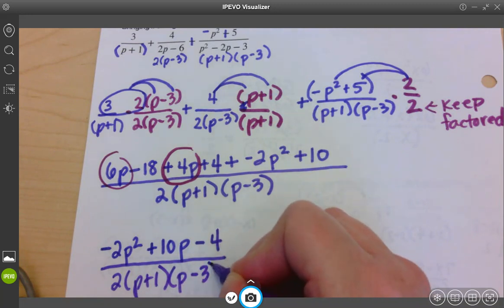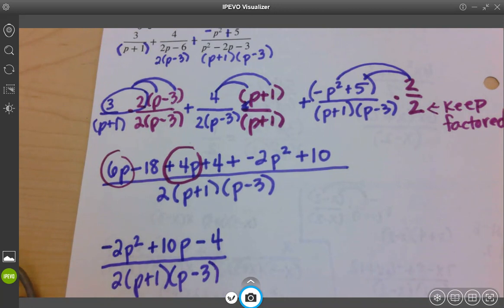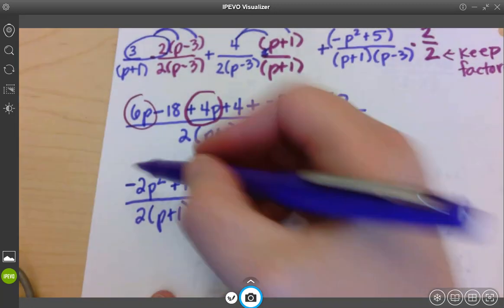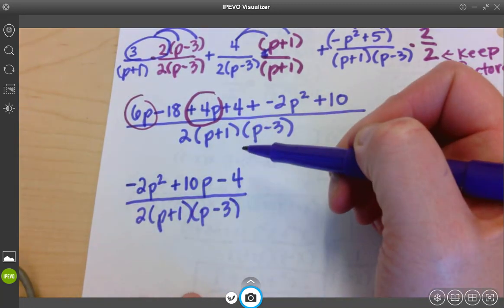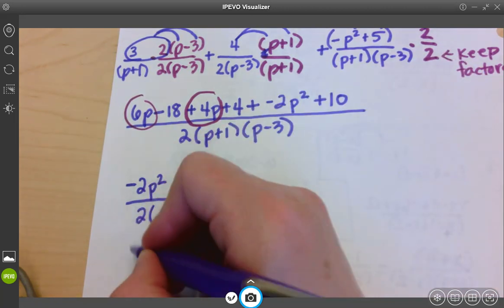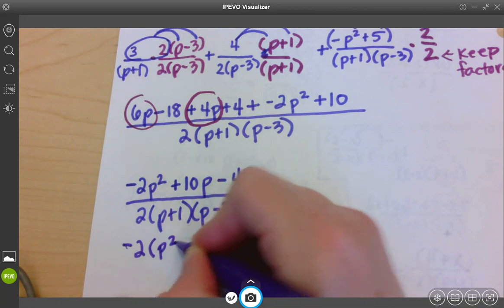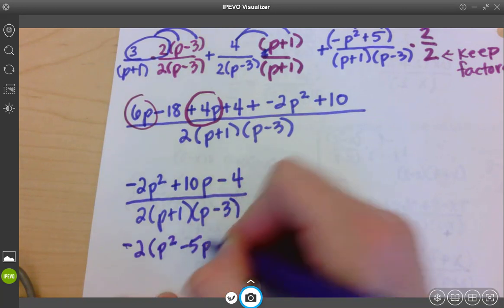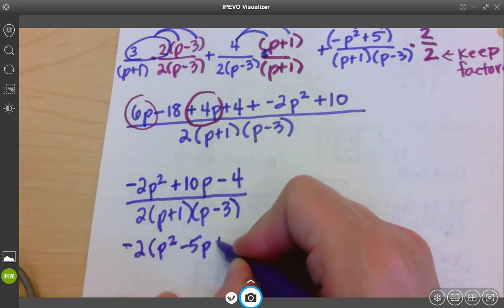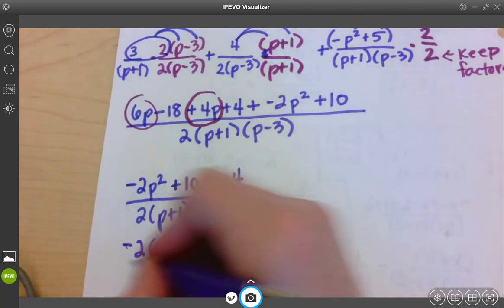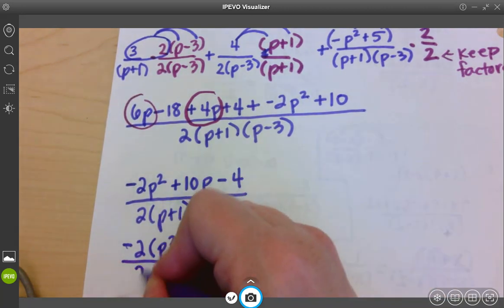All right, so to find out if this is factorable, I'm going to start by taking out the common factor on the top, which is negative 2. P squared minus 5p plus 2. And now this is actually the easy kind of factoring problem.